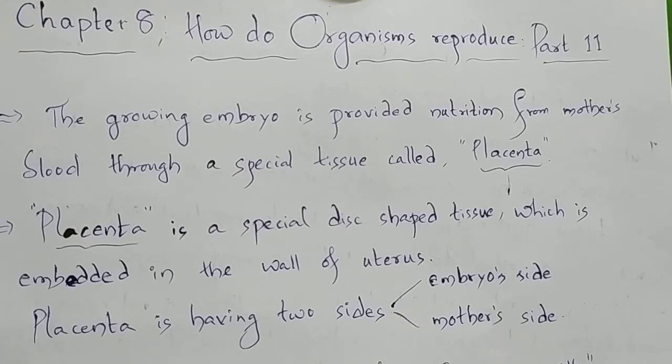The fusion of sperm with the egg cell is called fertilization of the egg. This fertilized egg is also called zygote.